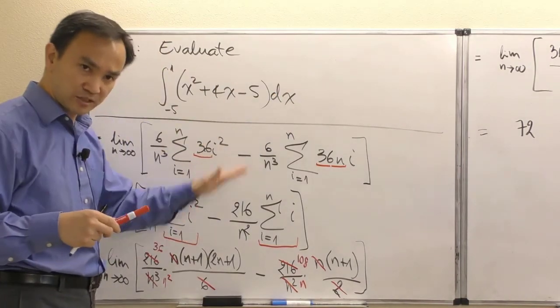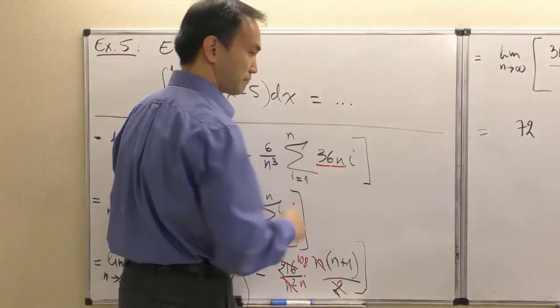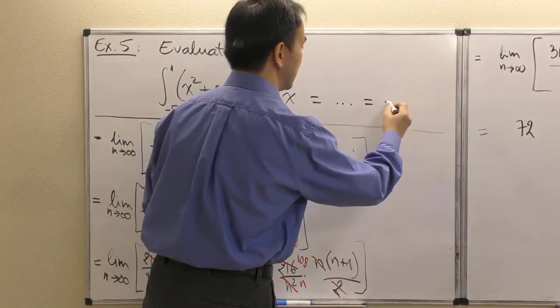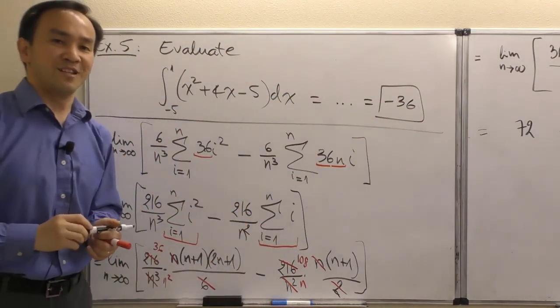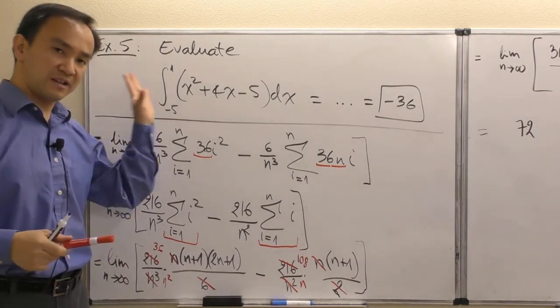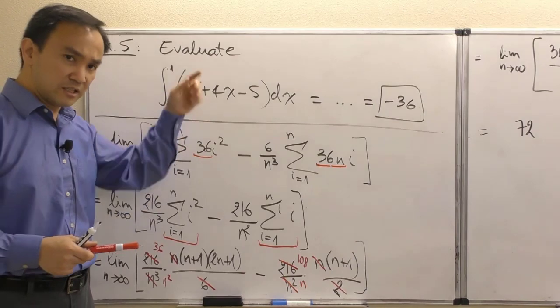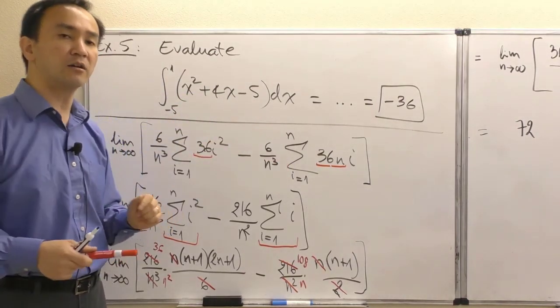After all that lengthy work, we arrive at minus 36 to be precise. That's another problem where we really did the accumulation work by going through the limit process applied to the Riemann sum.